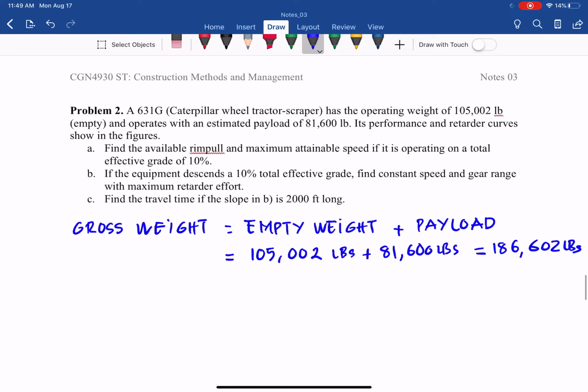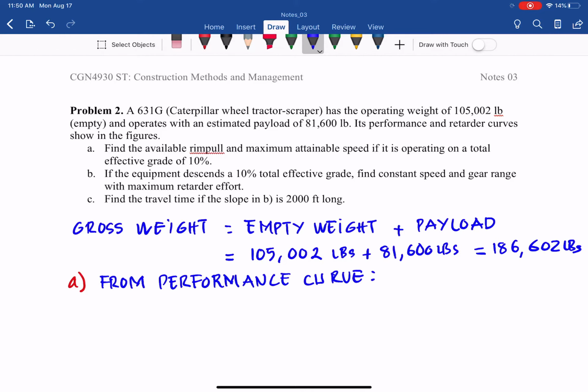Then from that gross weight, we can go directly to A, and for A, like I say, we use the performance curve or chart.